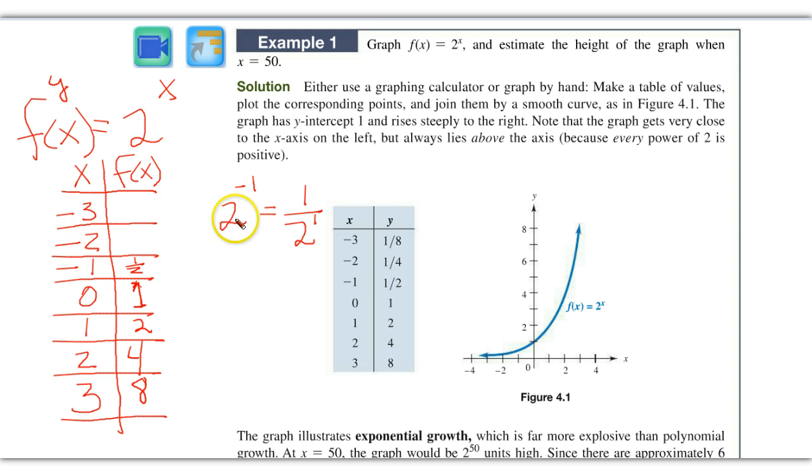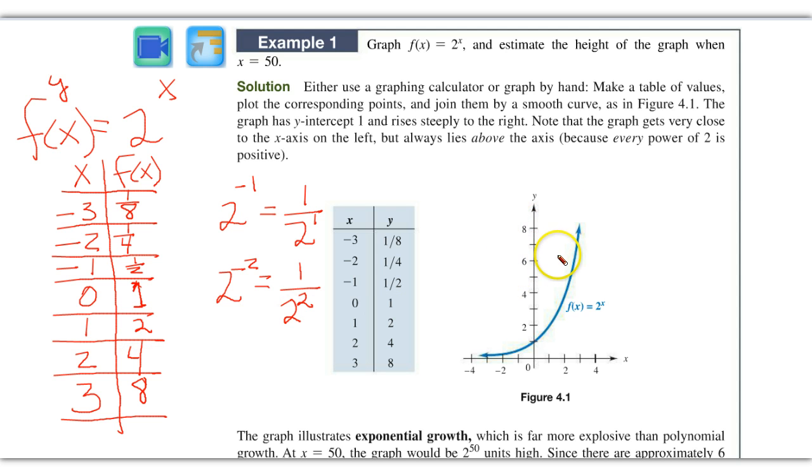And then negative 2 would be 2 to the negative 2, which would be 1 over 2 to the second, which is 1/4. The reciprocal of 2 to the second power, which is 4. So this will be 1/4. And then 2 to the third power is 8. So 2 to the negative 3 is 1/8. Okay, I just thought I'd show you how you do that.